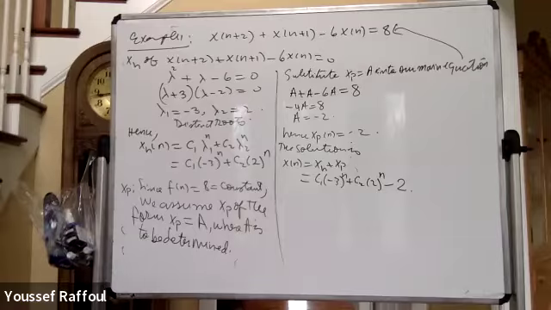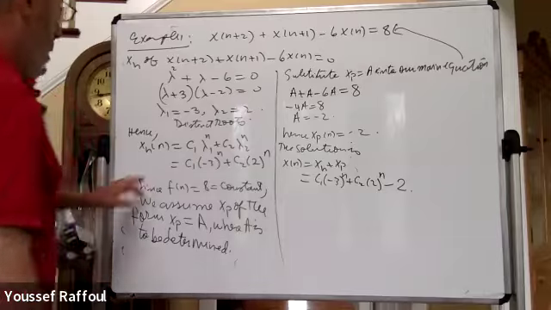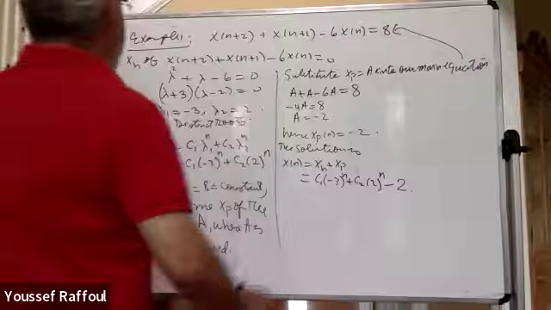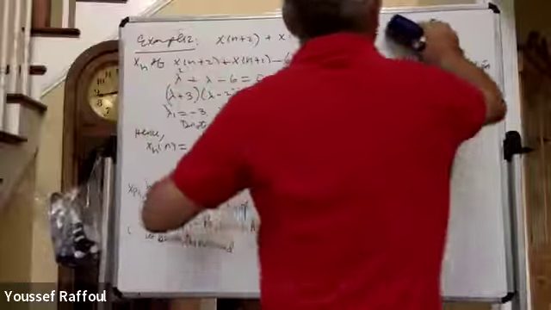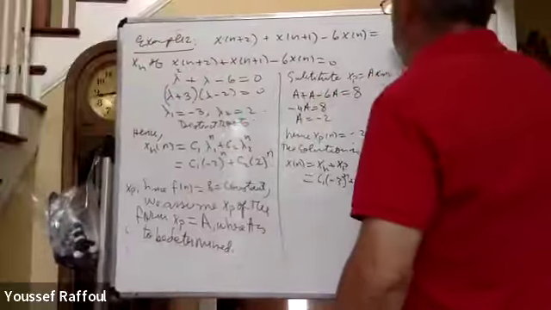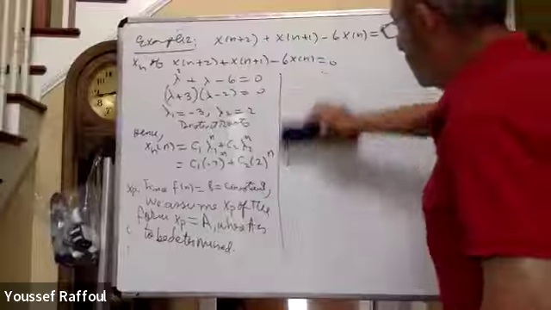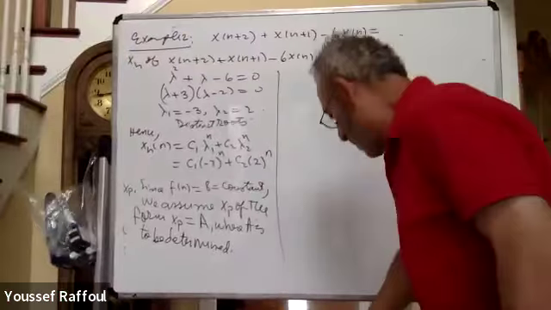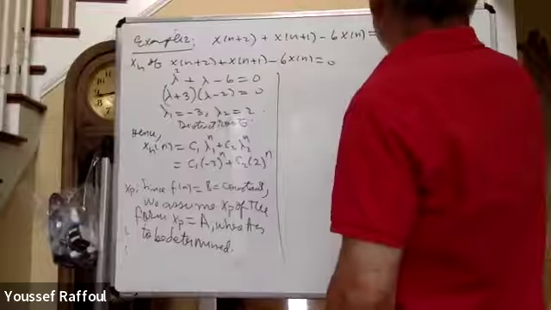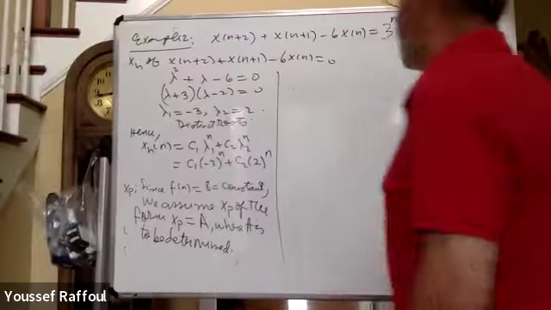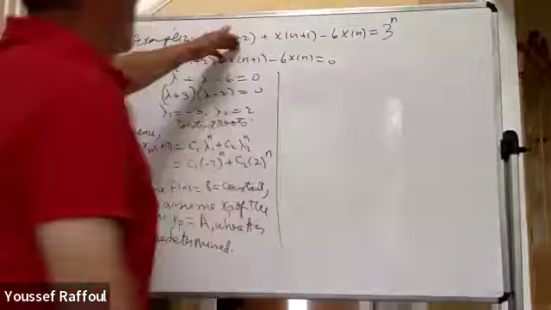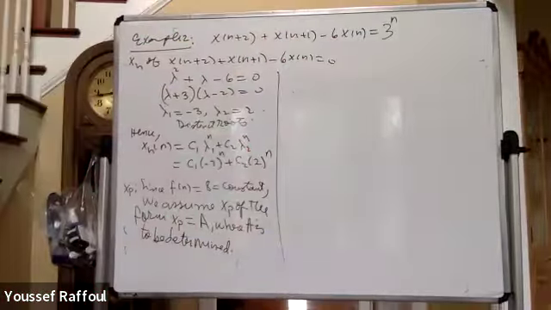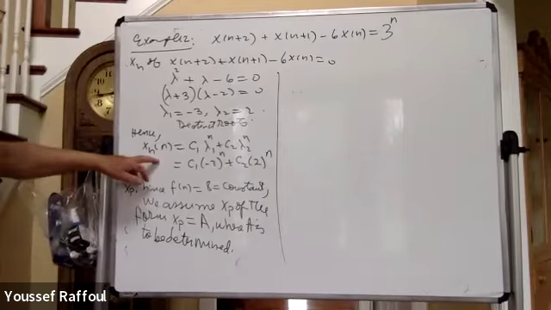All right, now I'm going to say example 2, and I'm only going to change the right-hand side to 3 to the power n, because I don't want to solve the left-hand side all the time. So we already know x_h.